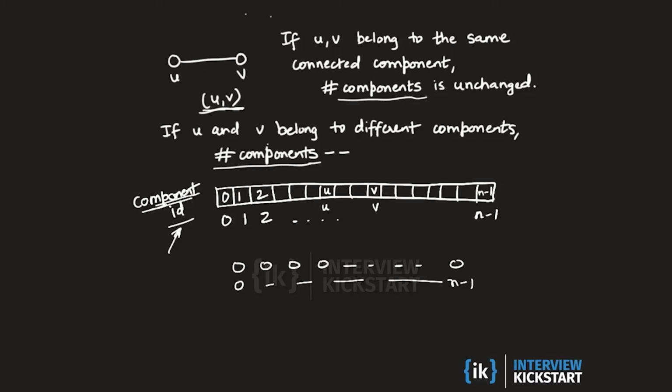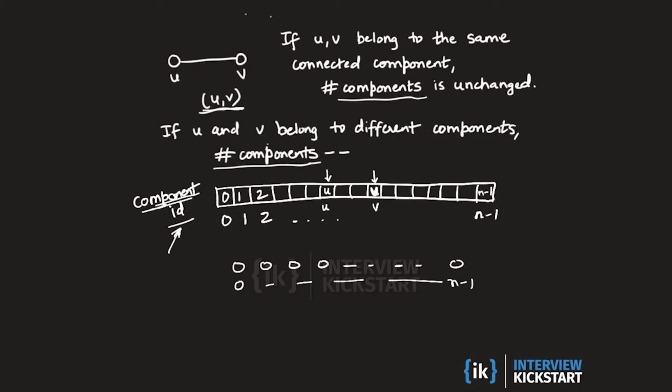But if it so happens that these two numbers are not the same, in that case we need to unify those two connected components together, which means that we have to do some operations which will change the component ID of v to u, or change the component ID of u to v. So one of the two must happen.